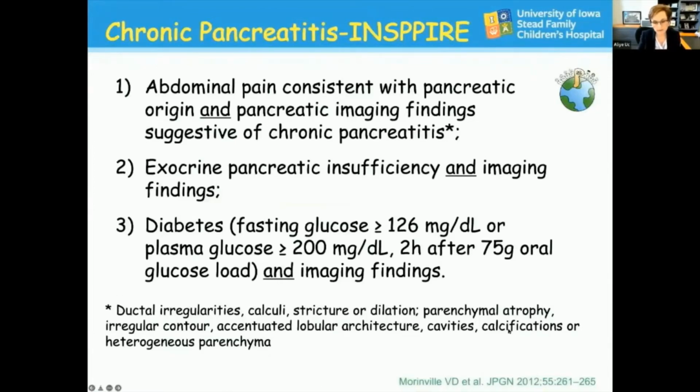I'm not going to go into details due to the time, but you have those imaging findings with abdominal pain or with exocrine pancreatic insufficiency or some diabetes. But we also have found patients in the INSPIRE cohort without abdominal pain and having those advanced findings. That is a small portion, about 10% of the cohort, but those patients exist.